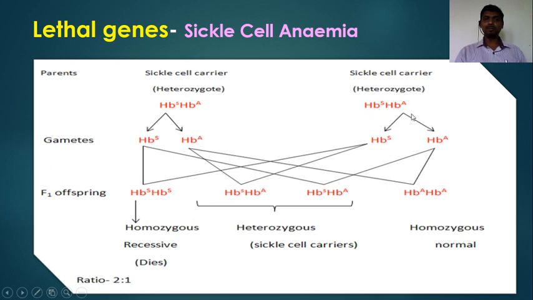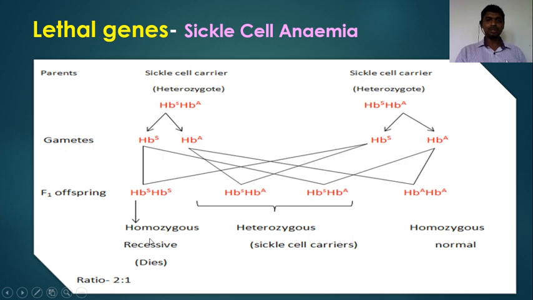When these two parents are mated, the gametes produced are HbS, where S is for sickle cell, and the normal HbA. When they are fused, we get the F1 offspring: HbS HbS, HbS HbA, HbS HbA, and HbA HbA. Of these four individuals, the HbS HbS individual is homozygous recessive, and it dies.